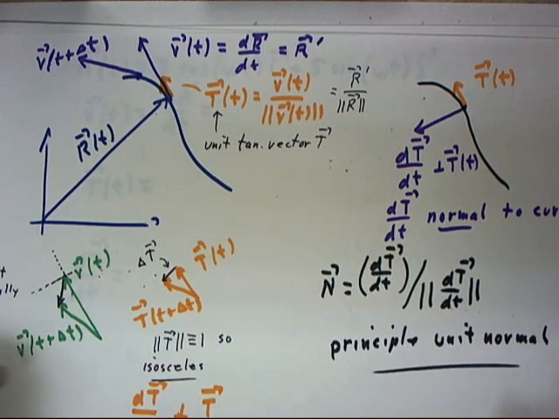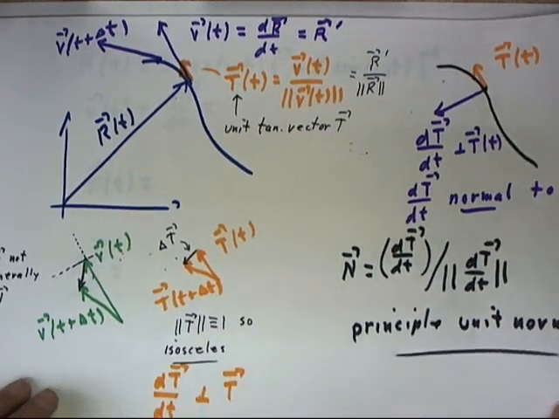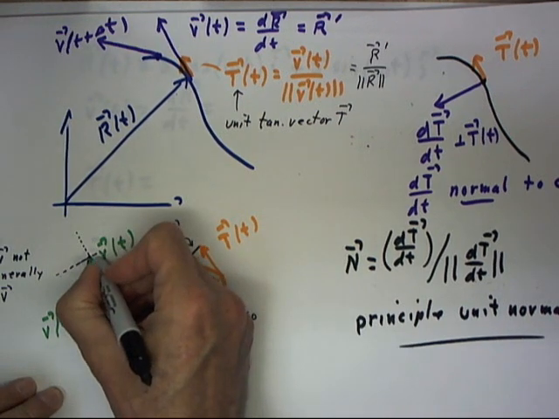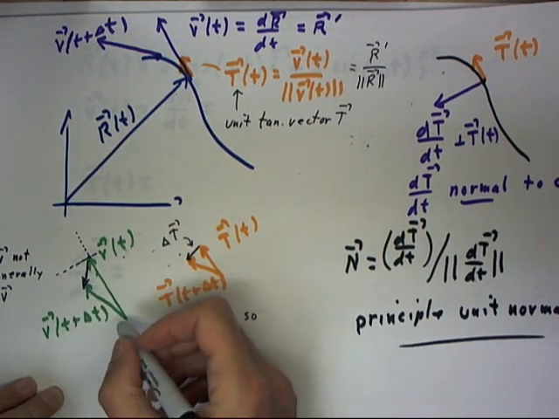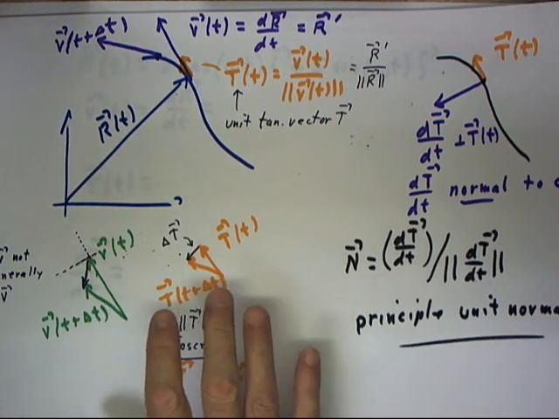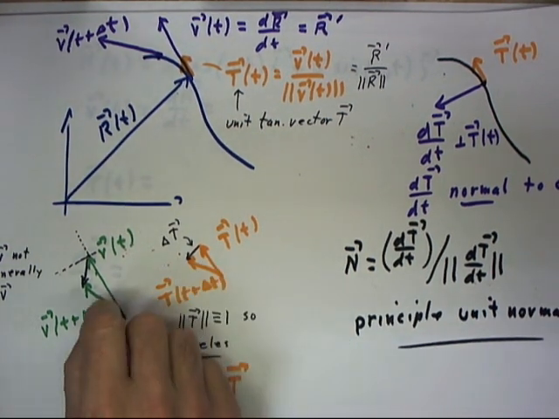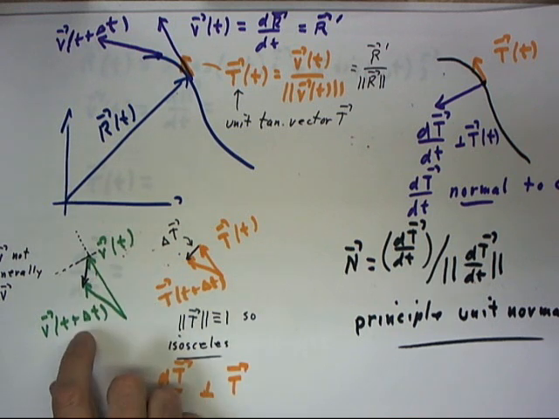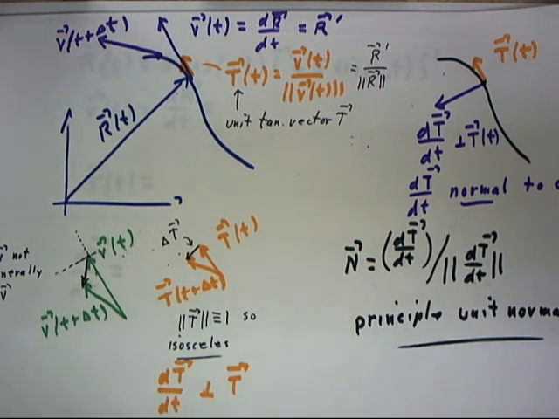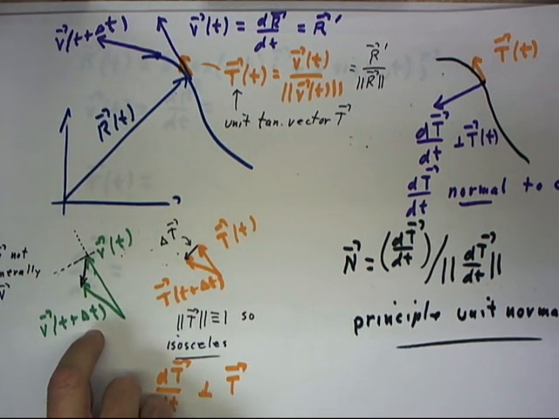Now, if we have motion along the curve, we could have a velocity at time t and a velocity at time t plus delta t, and this particle could be speeding up or slowing down. That is, your v of t and your v of t plus delta t might well have different magnitudes, and that might continue as delta t approaches the limit.